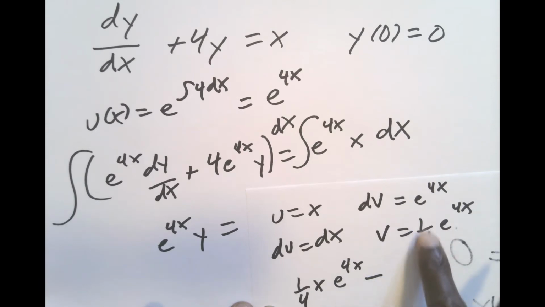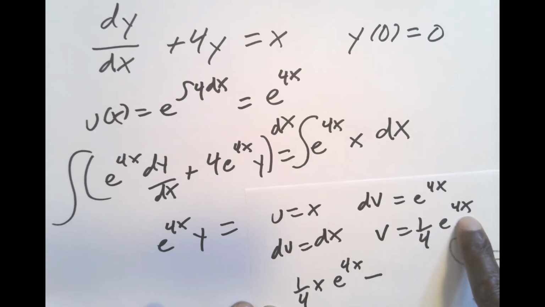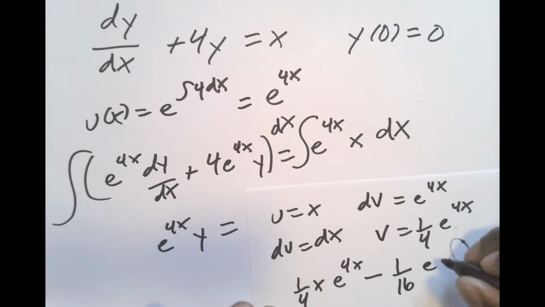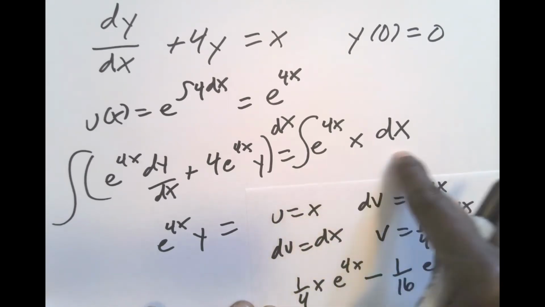There's already a 1 over 4 there, and the integral of e to the 4x is 1 over 4 e to the 4x. So that'll give me minus 1 over 16 e to the 4x plus some constant. This is what I'm going to get for this integral here.